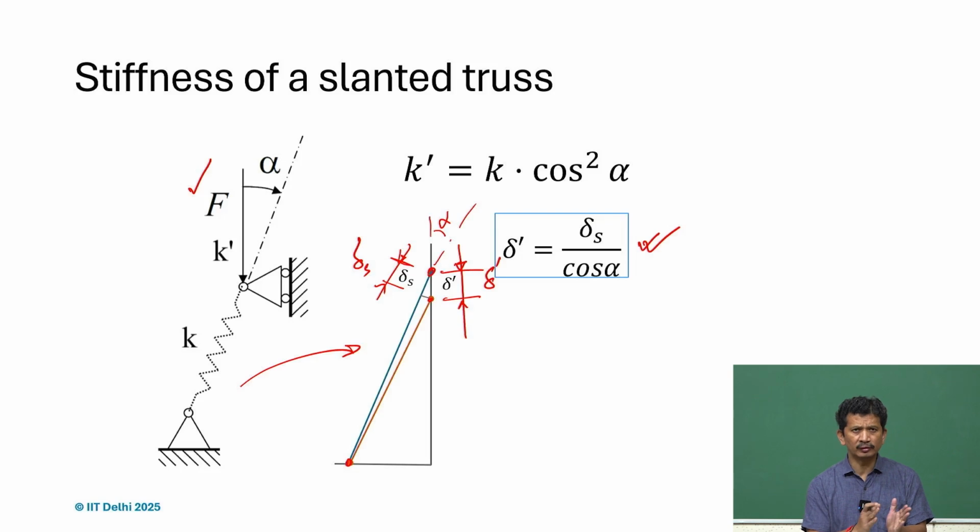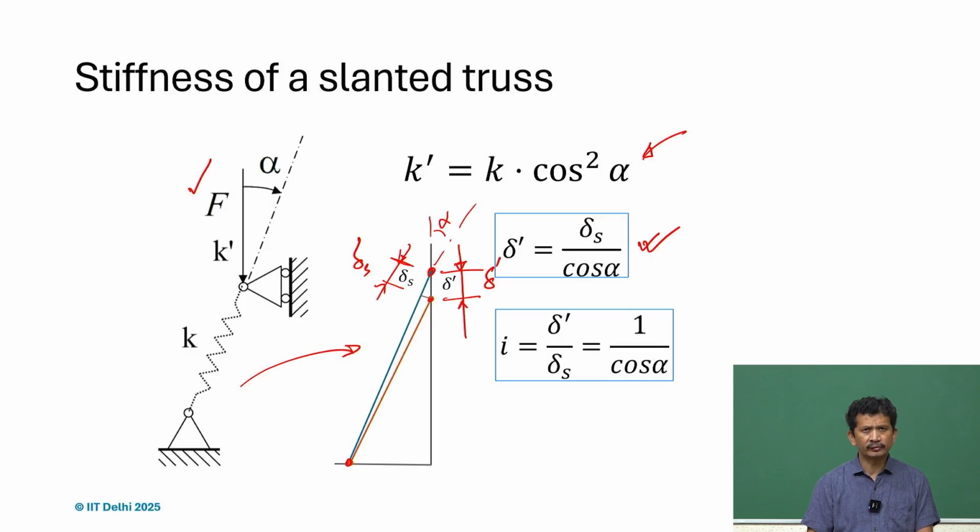So once we know the relationship between the two, we can easily find out the effect on the stiffness because of this slant angle.